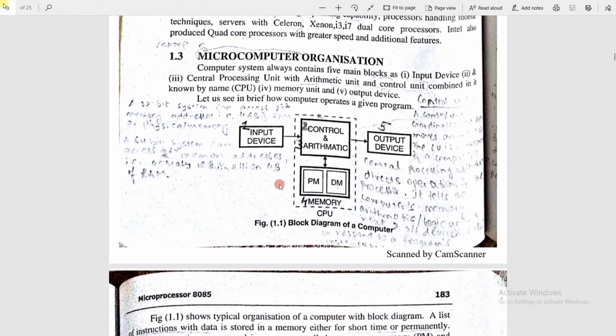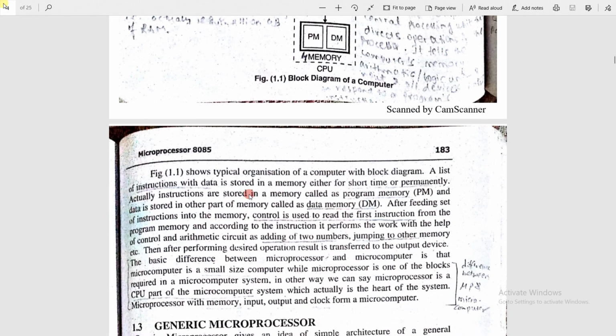A list of instructions with data is stored in a memory, either for a short time or permanently. Data is either stored temporarily or permanently. The memory in which the instructions are stored is known as program memory, and the data is stored in another part of memory called data memory.